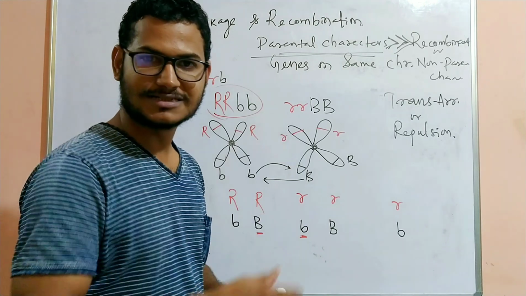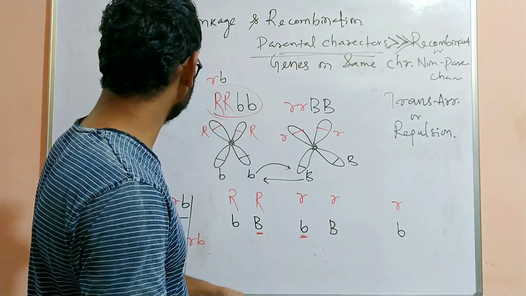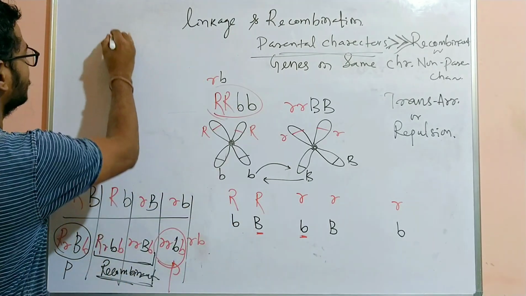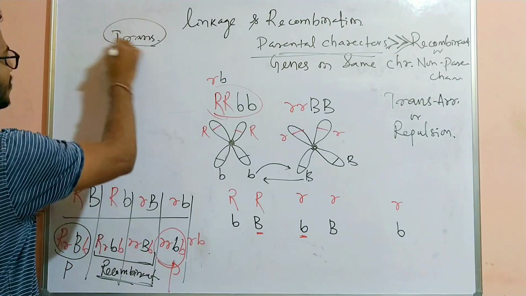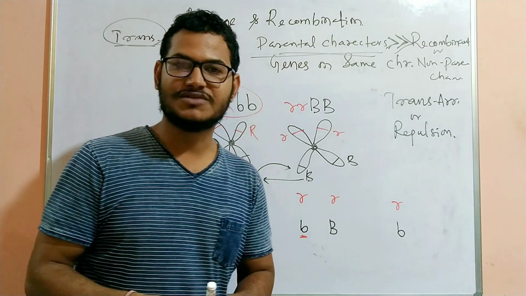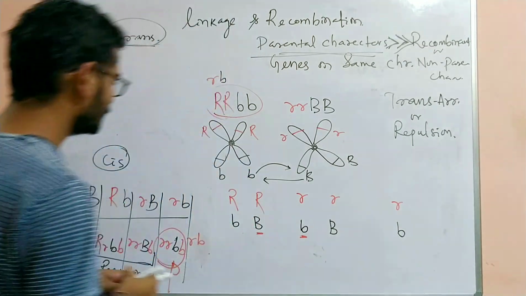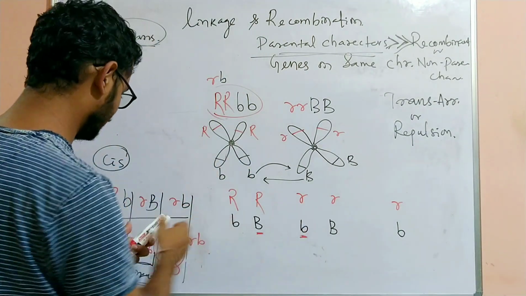Let's discuss the trans arrangement. Here I am writing, it is about trans arrangement. In this case, what will be the result of the cross? Here we have four different gametes.